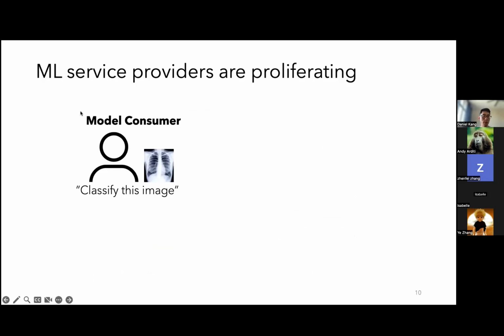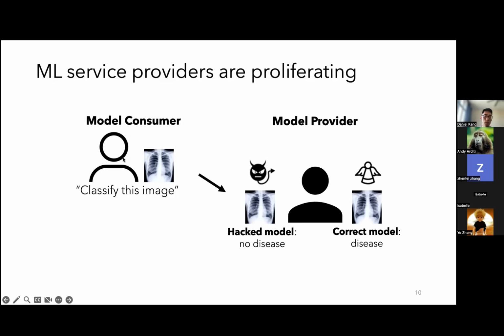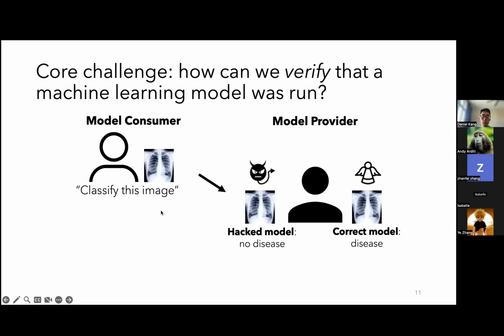But you could also actually imagine this being Twitter, where the model consumer is actually the user, but they don't actually have access to the data. And here the model provider might either serve a correct or incorrect prediction. But again, for example, for the case of Twitter, you might imagine them censoring some tweets. And so there's this big challenge of, can we verify that an ML model was actually run correctly, which today we just have no way of doing.